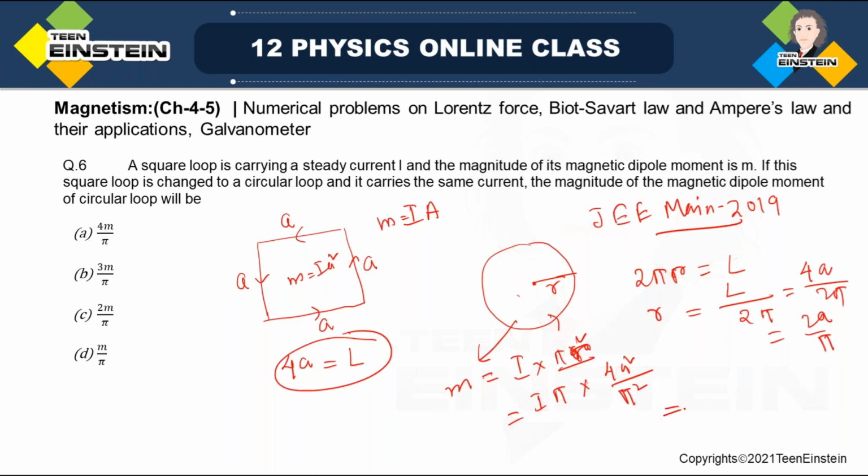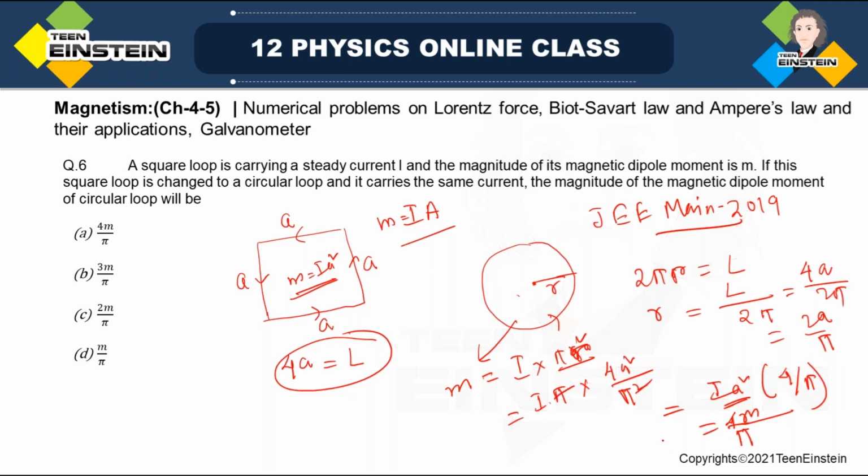Okay. So then you get, I into a square, let it be common. So pi goes up. So I a square into 4 by pi. So this I a square means again from here, small m, into 4 by pi.